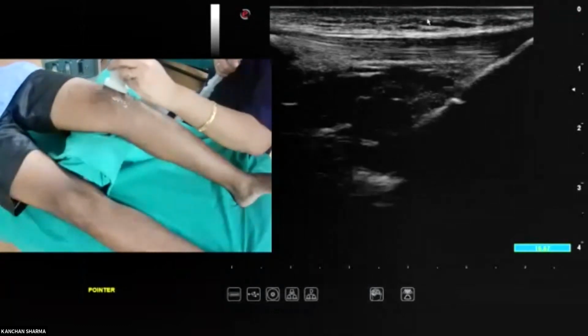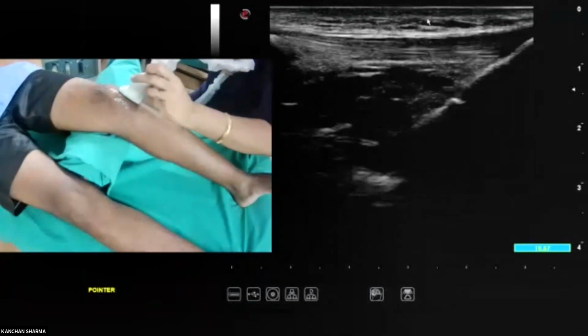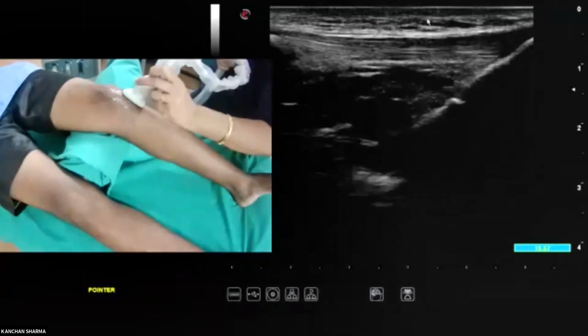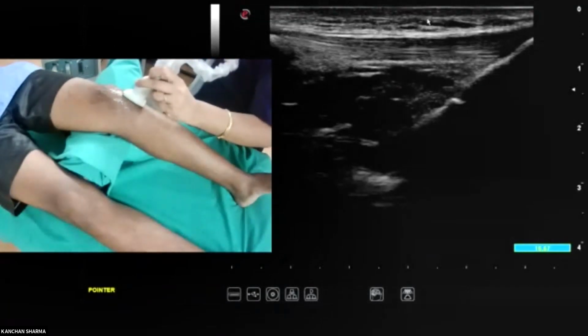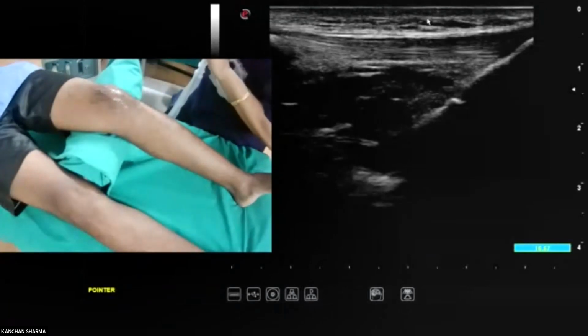From there, look at the probe position first and then I'll explain the image. So now this hand was over the patella. Now from there, exactly in the same plane, I have slid my probe down, keeping the marker towards the head of the patient. When I move down beneath the apex of the patella, we should be looking at the patellar tendon.